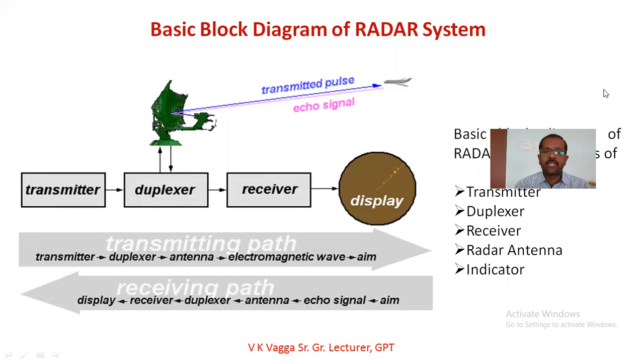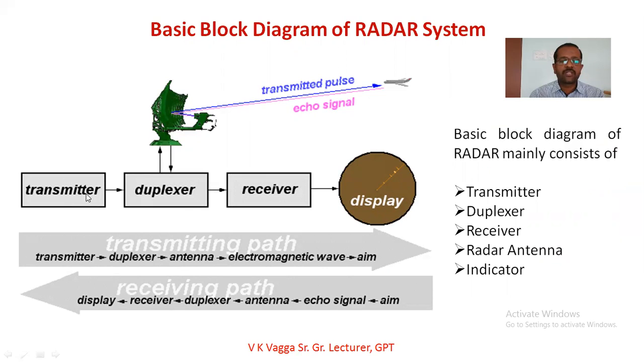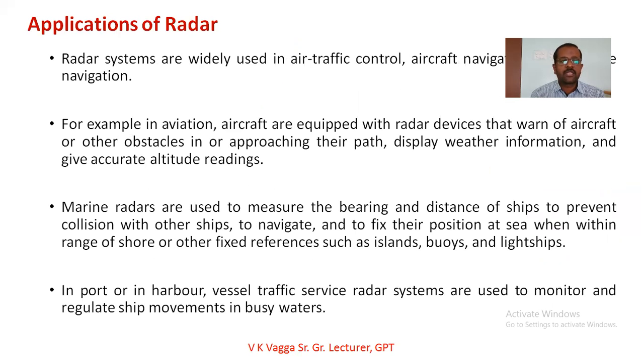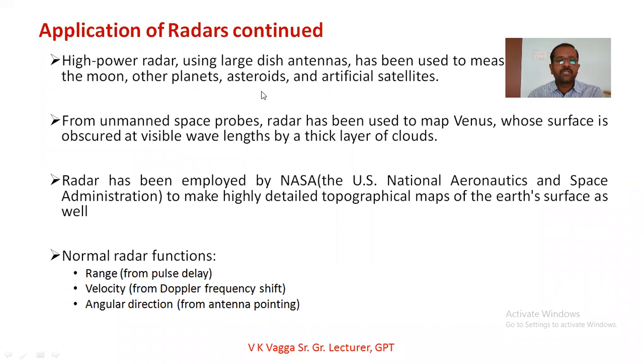The block diagram mainly consists of the transmitter, duplexer, receiver, antenna and the indicator. Its applications are mainly in aircraft, in marine, to measure the distances to the moon, other planets or artificial satellites, and to measure the surface of other planets, and so on.